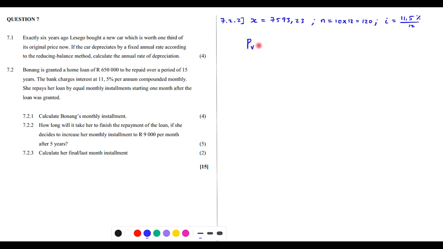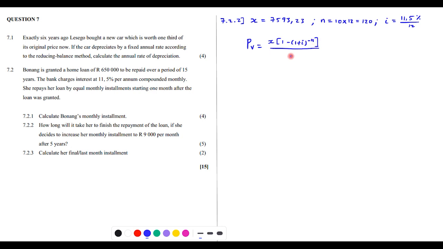Because we're still trying to understand what is left, because this PV is a value in the present, right? So here what we're going to do is use our formula, 1 minus (1 plus i) to the minus n, over i.